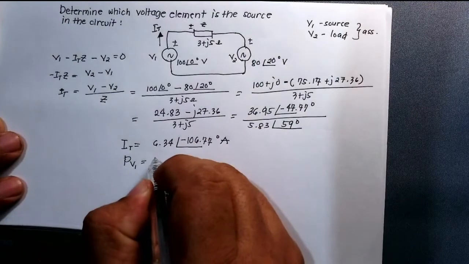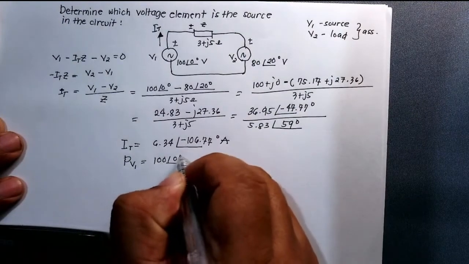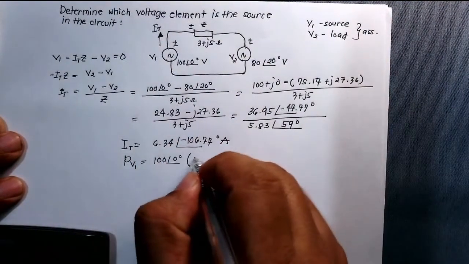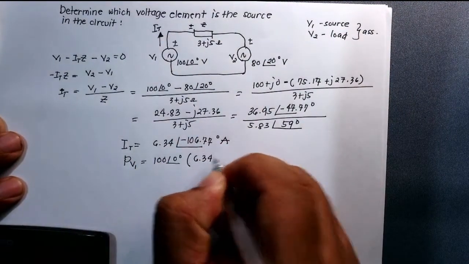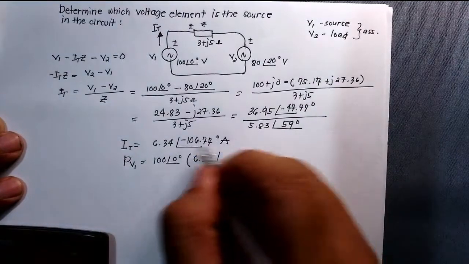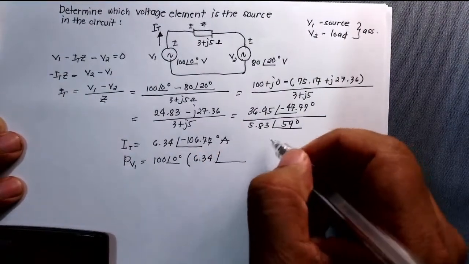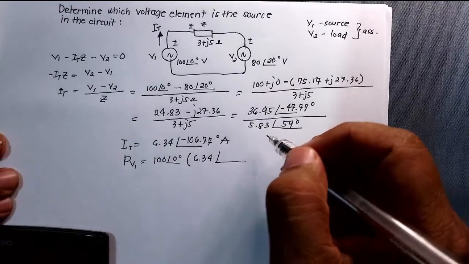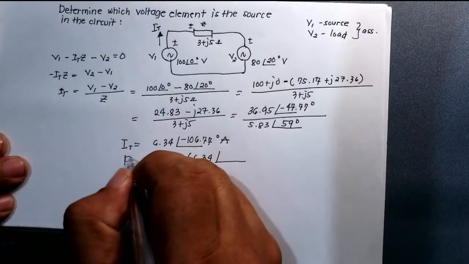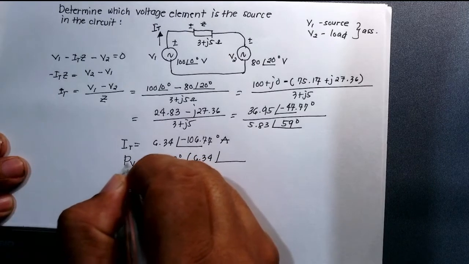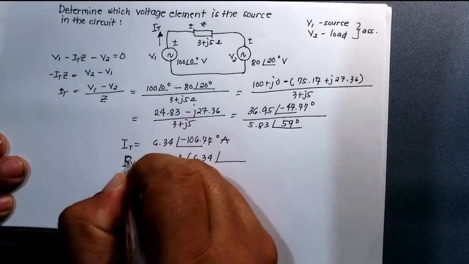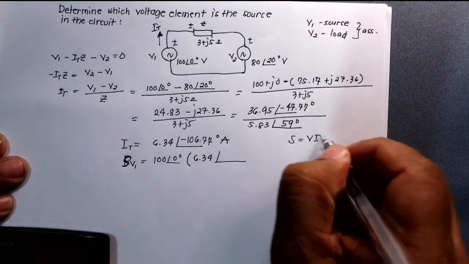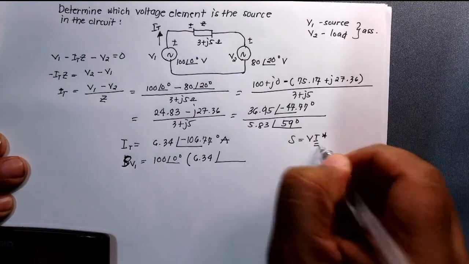The voltage is 100 cis of 0 degrees, and the current is IT, which is 6.34 cis of, but since our formula in getting the power, actually this should be an apparent power, so instead of using P, I'll write here S. The formula is S equals V times the conjugate of your current.